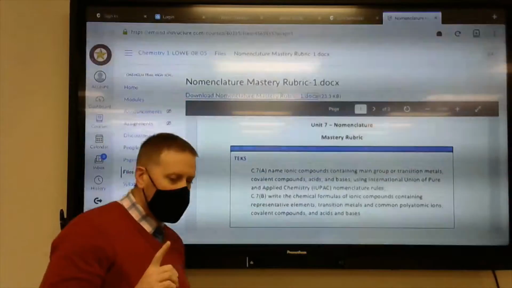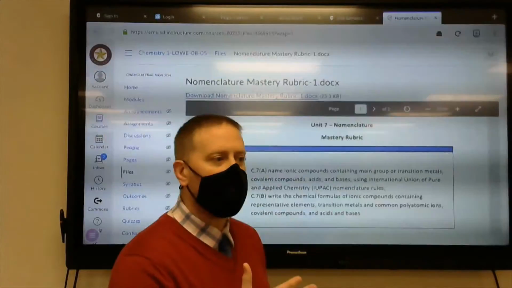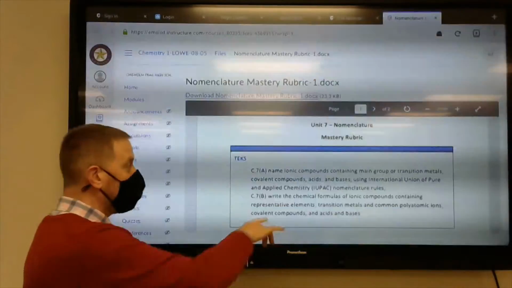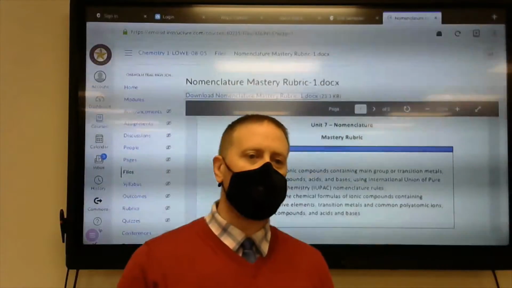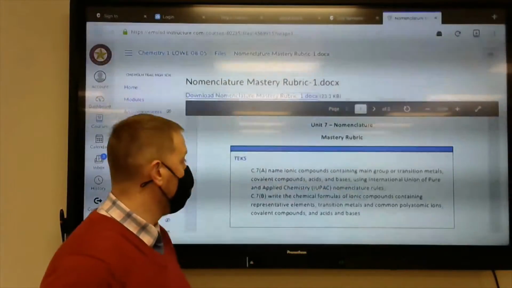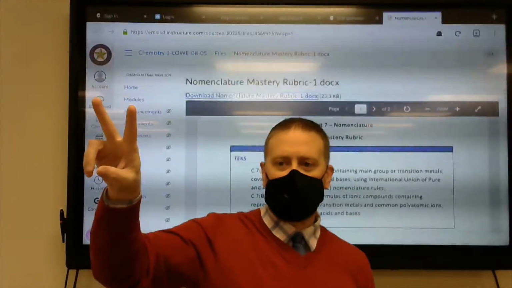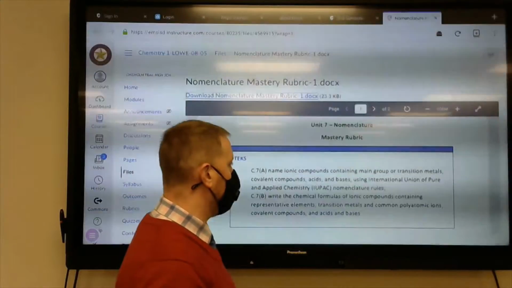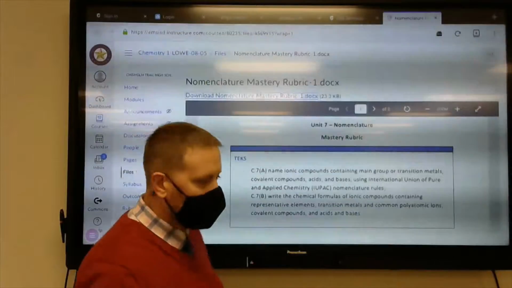So first thing at the top of the Mastery Rubric are the state standards that are covered through that unit. For nomenclature, that last unit before the semester exam, we have two state standards that we covered. One of them is name ionic compounds containing main group transitional metals, covalent compounds, acids, bases, and so on.